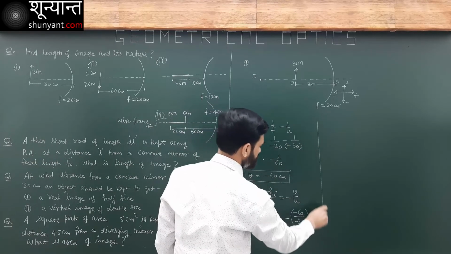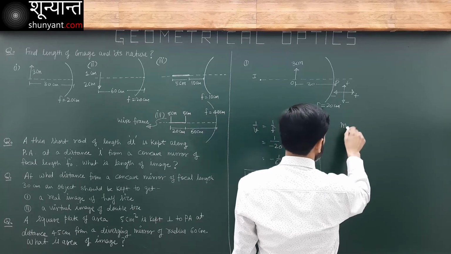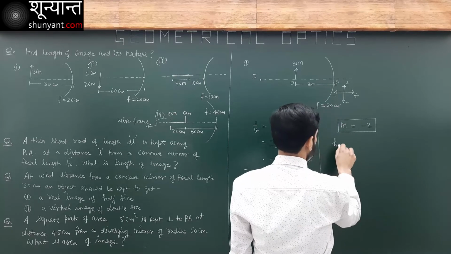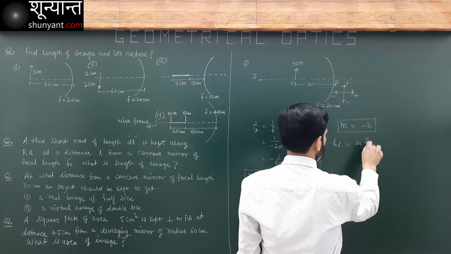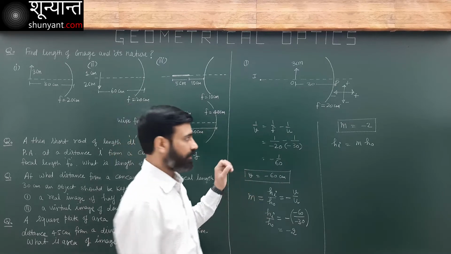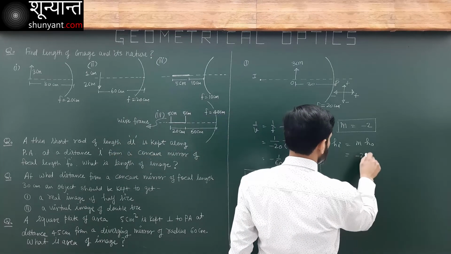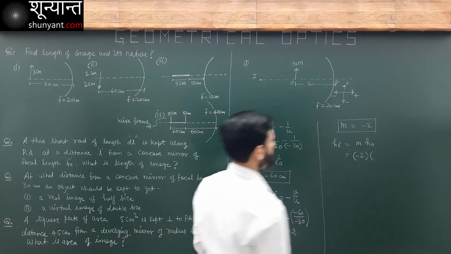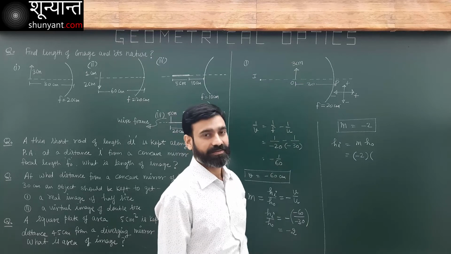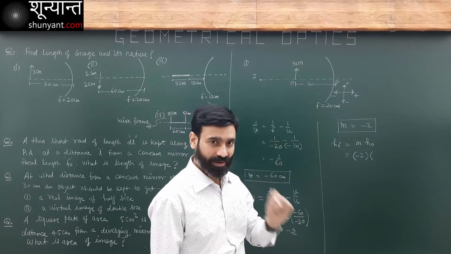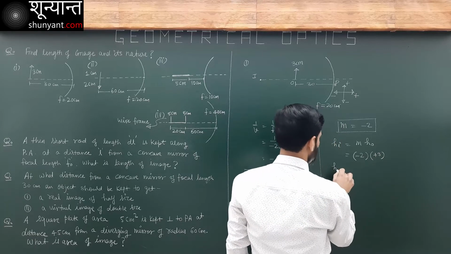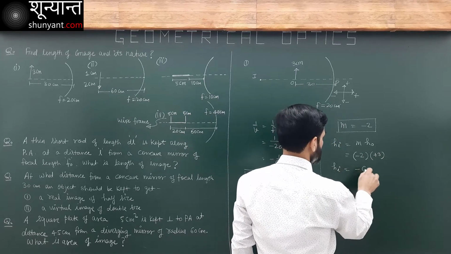Try to understand this. Height of image will be n times height of object from this relation. So this will be equal to minus 2 times height of object. What is height of object? It is 3 centimeter, above the principal axis, so I will write plus 3. So height of image is minus 6 centimeter.